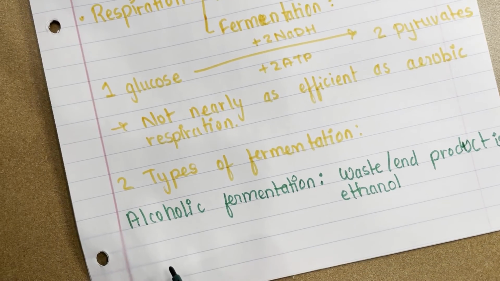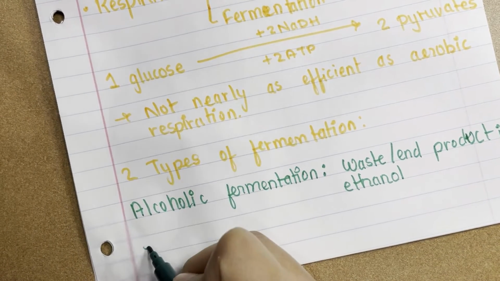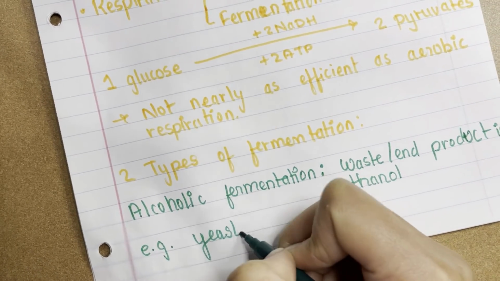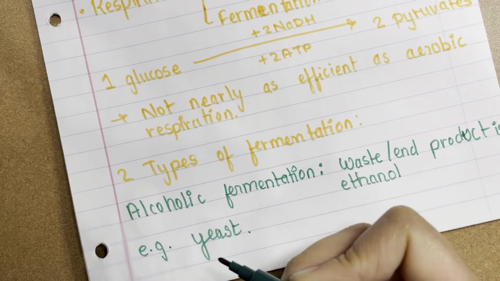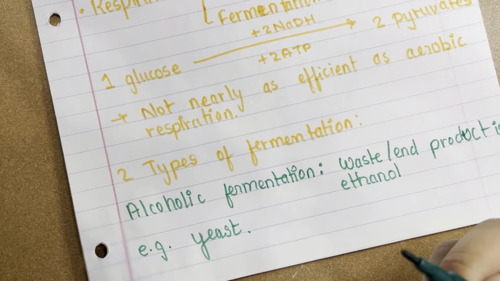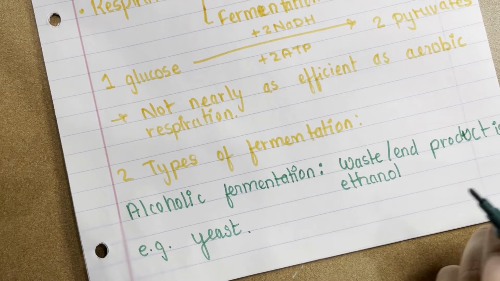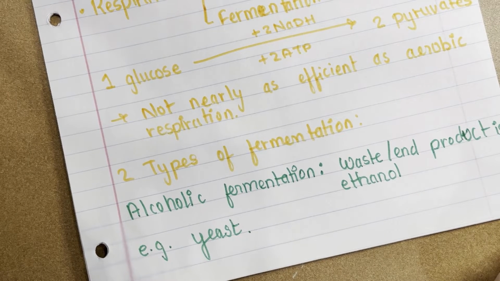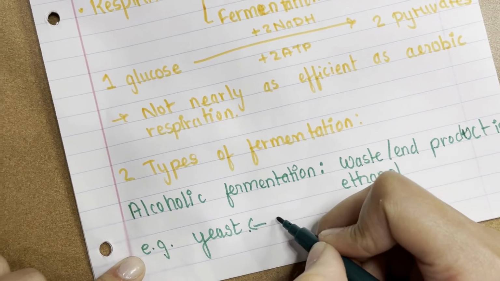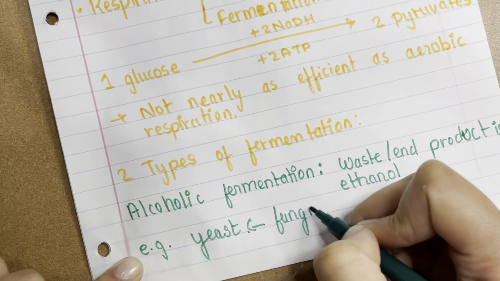An example of this kind of fermentation would be yeast. Yeast is used in a lot of fermentation events, even in a kitchen. When your bread rises while baking, it is because of yeast. And yeast is actually a fungi, so it is not a bacteria.